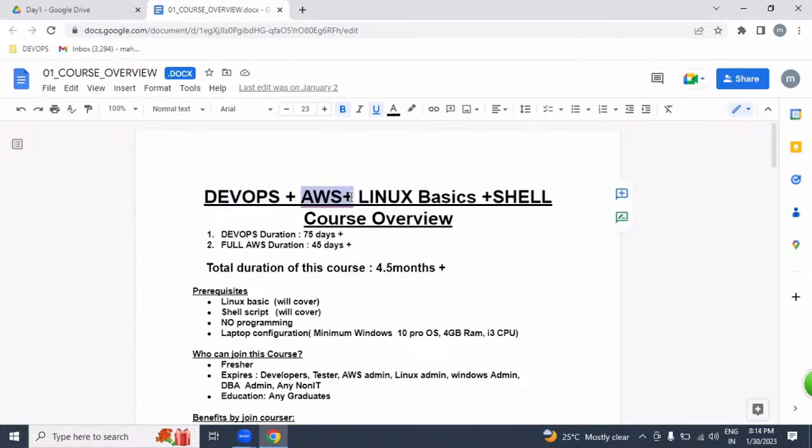So we're going to be covering two courses: complete DevOps and complete AWS, and Linux basics only, and shell script. The total duration of this course is 4.5 months plus.